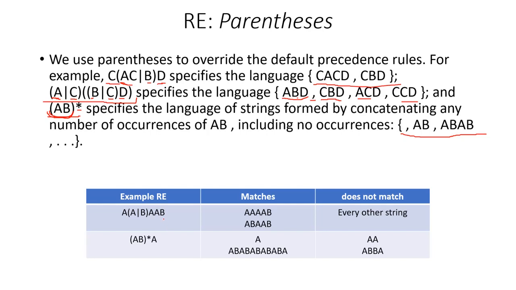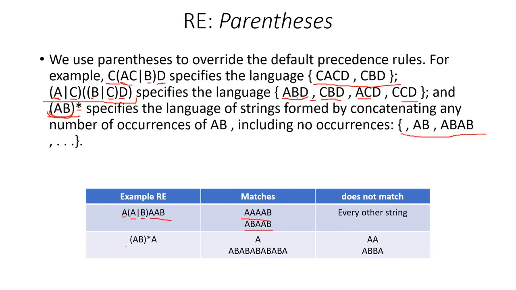So even more examples. Here we have A, then we used the OR operator, so it means it's either A or B, and then AAB. So this one would satisfy our regular expression.